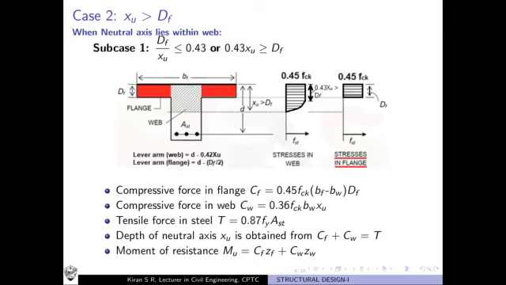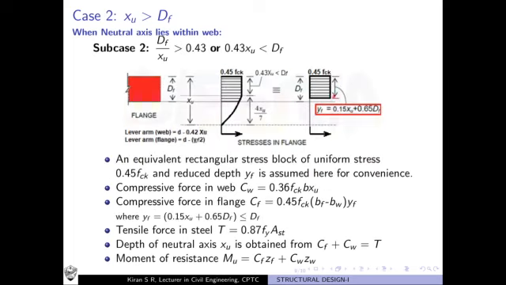Unlike the previous case, where inside the flange portion it was purely a rectangular region, here we have a parabolic region also inside the flange. So this is a situation where 0.43 xu is less than the depth of flange. Just bear in mind.